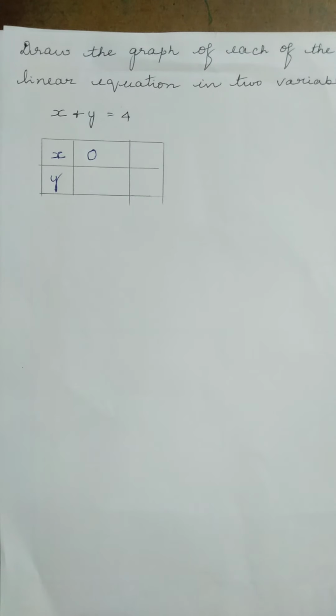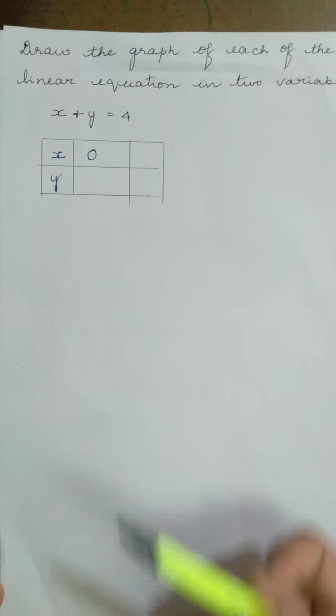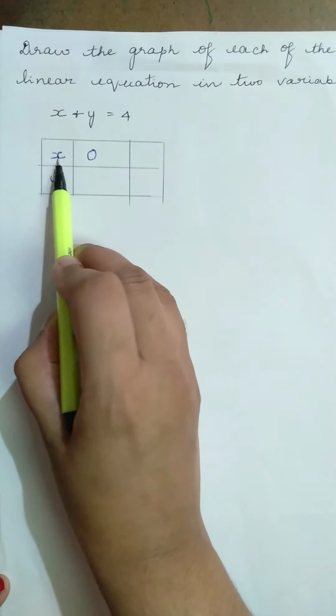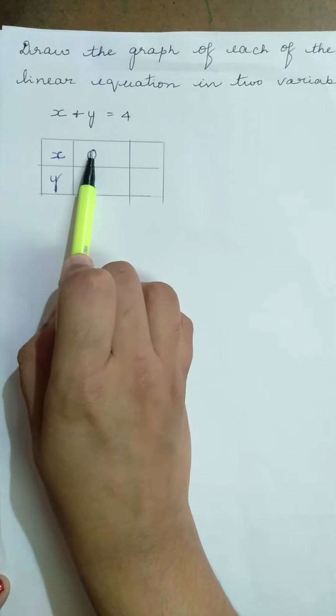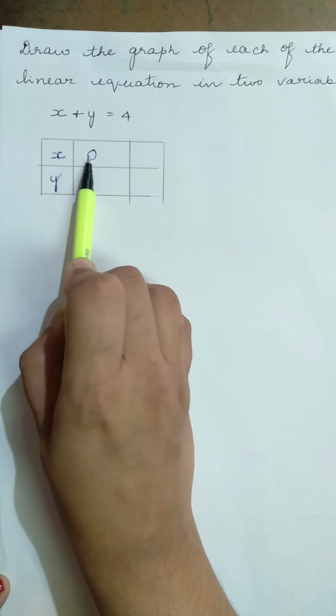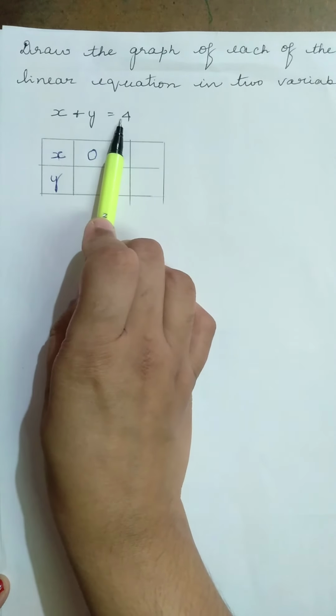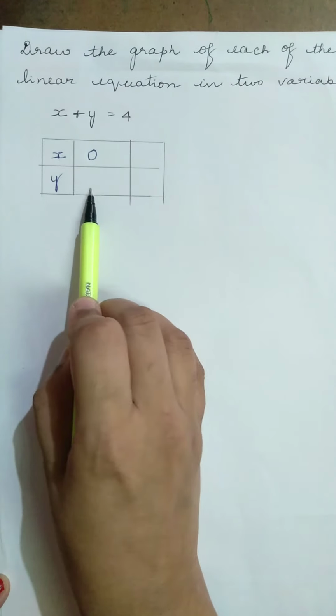Since the graph is for a linear equation in two variables, we have to substitute the values for both the variables. So the first value we have put now is x equal to 0. When we substitute x equal to 0 in this equation, we will get the corresponding y value.